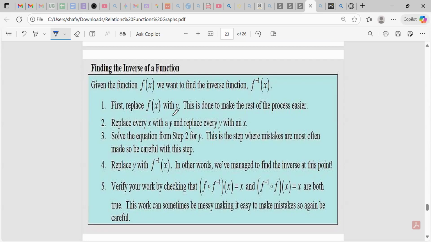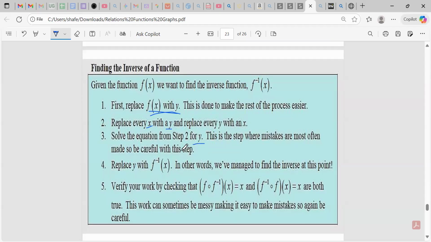We take the function, we let it be equal to y, right? So you just make that substitution, right? Then what you do, you interchange x and y in the function up here. Your next step is to make y the subject again, right?